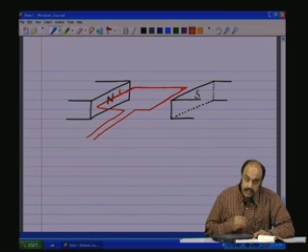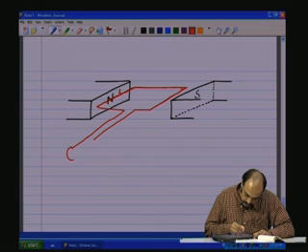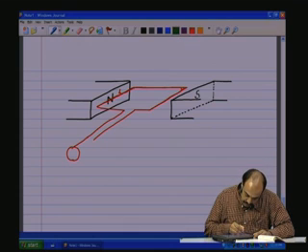So, this completes the circuit. So, let us have some mechanism whereby I will have a ring here. So, let me have the ring in a different color.